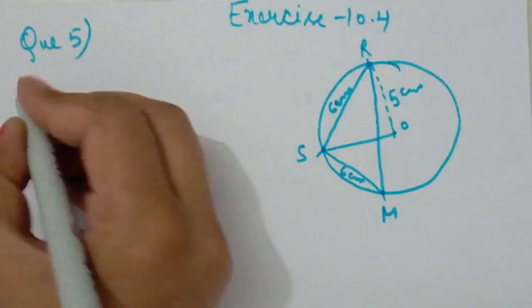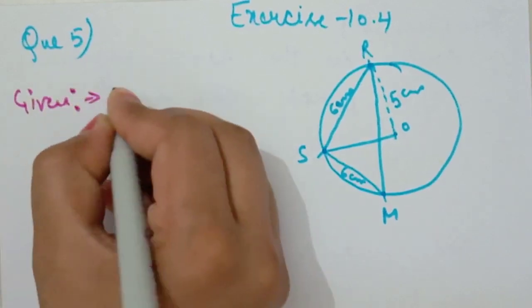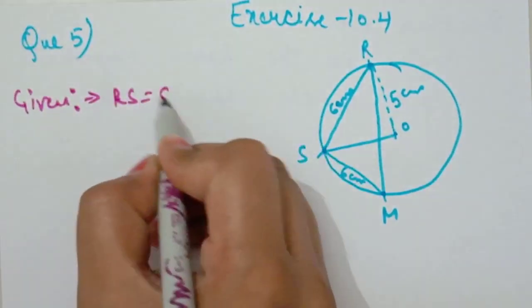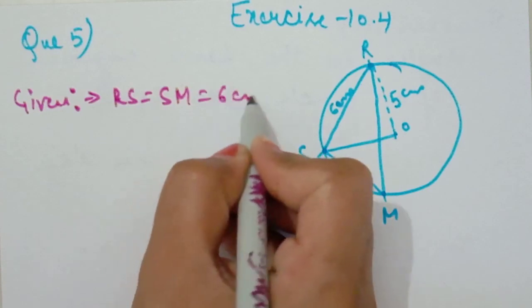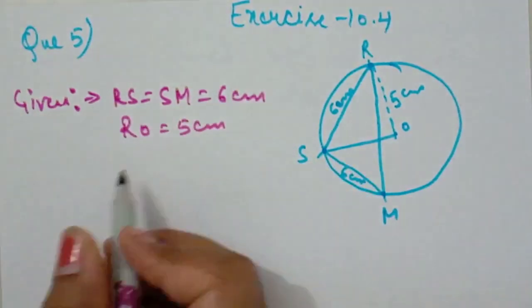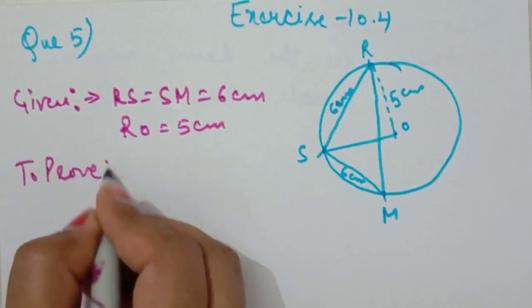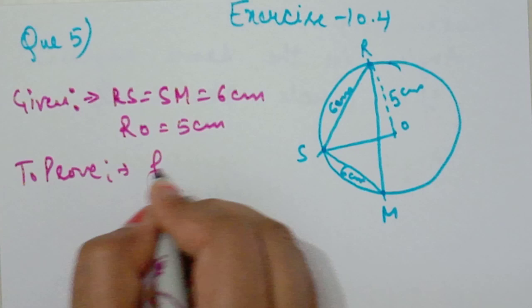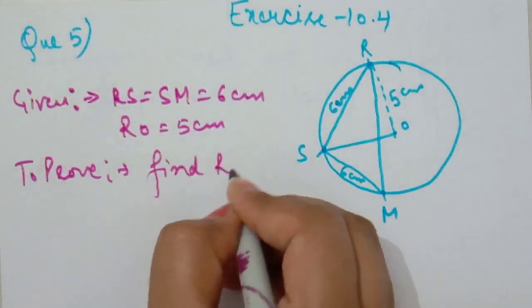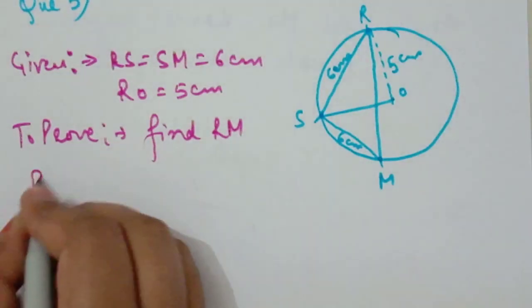So students, what is given in this question? SM is equal to 6 centimeter. RO, the radius, is 5 centimeter. Now we have to find RM.